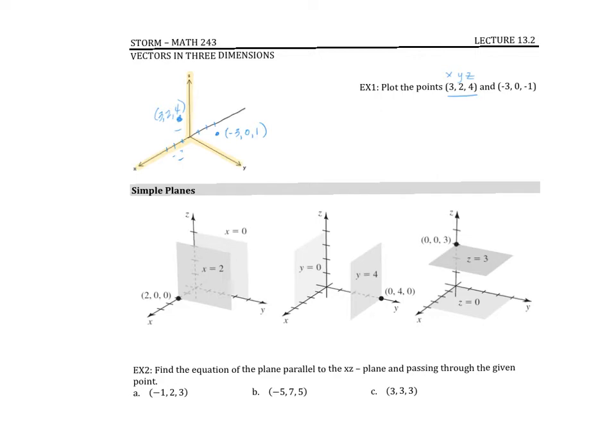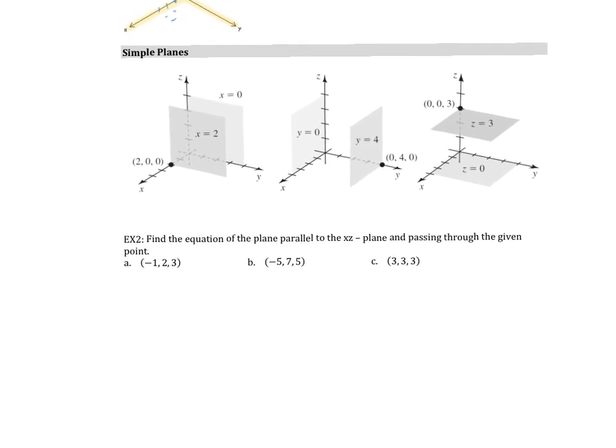So we're going to build from points to some real simple shapes. The first shape we're going to look at is a simple plane. When we say simple planes, we're just looking at vertical and horizontal planes because their equations are very simple.